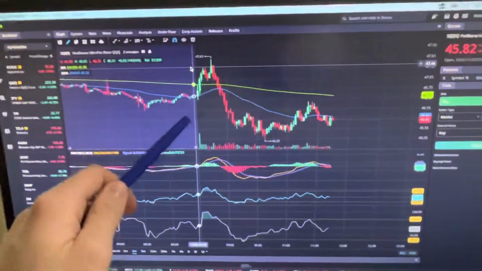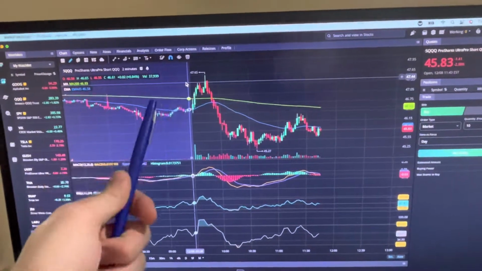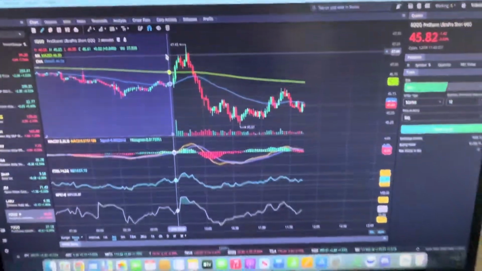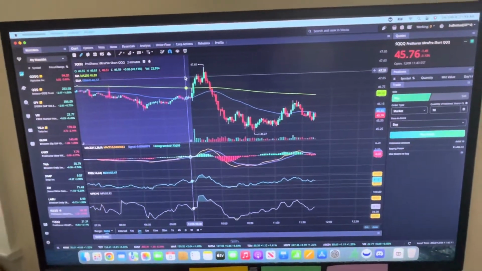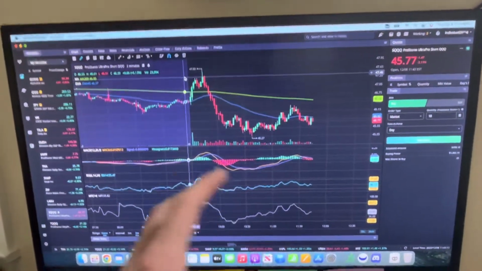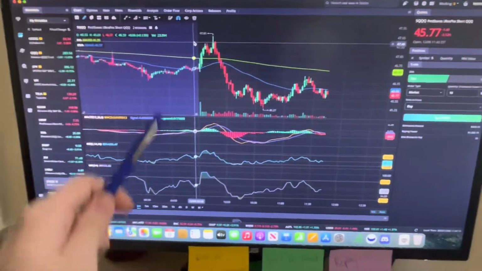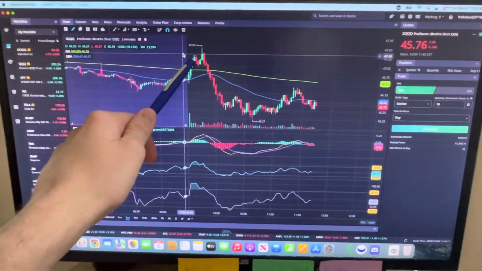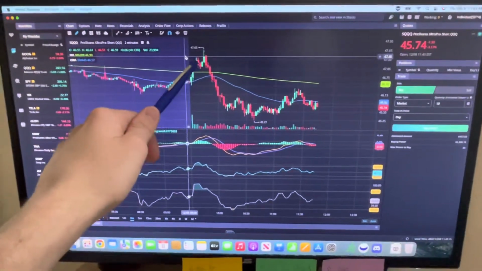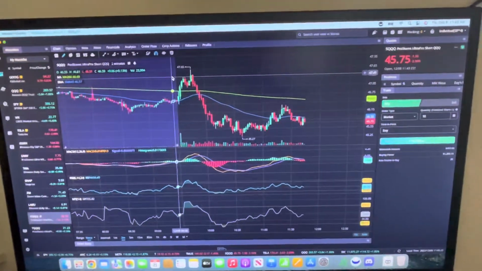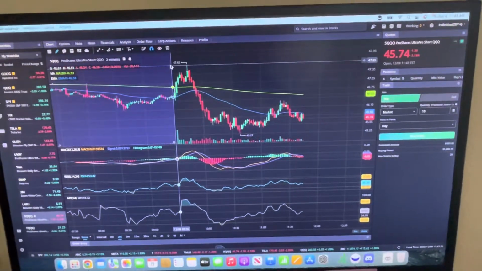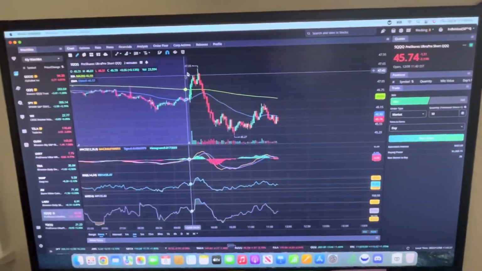As you can see, we had a quick rip on SQQQ this morning, which I was able to take advantage of and lock in some profits. But one thing that I've really been paying attention to is where these levels of resistance are. SQQQ stopped around 47.40, 47.41 this morning before making a bigger rip to the upside.